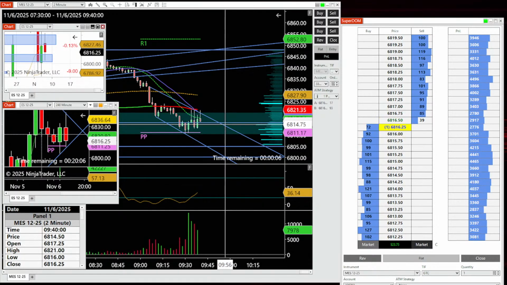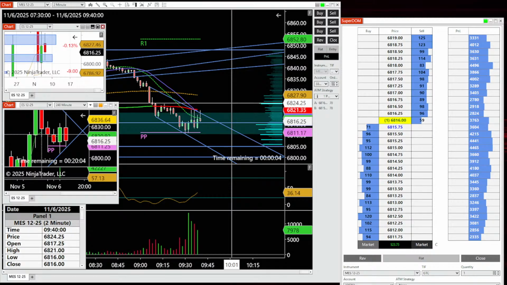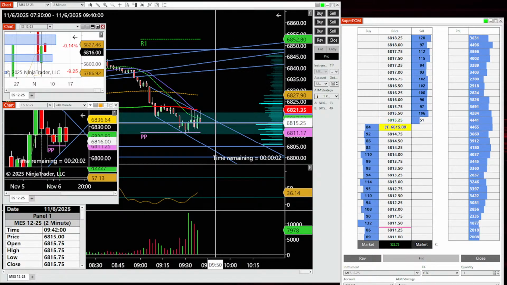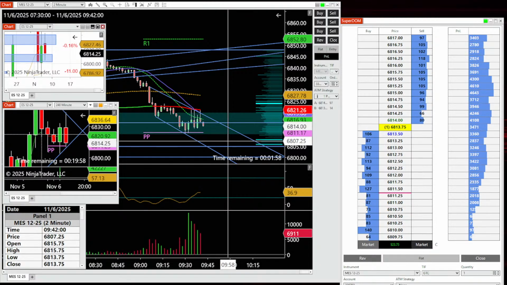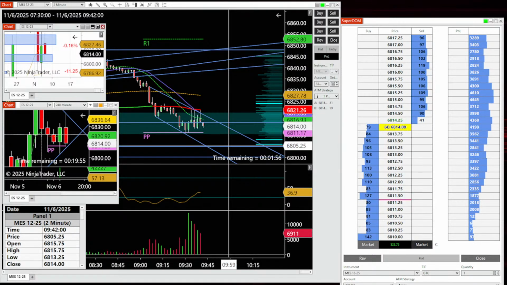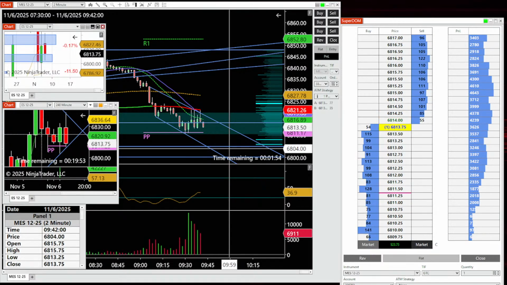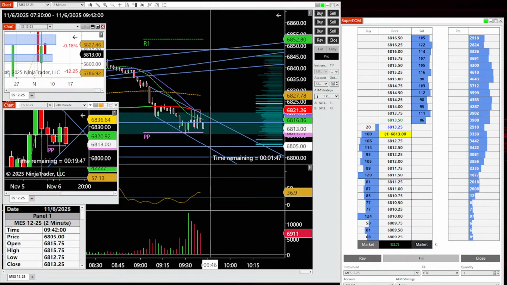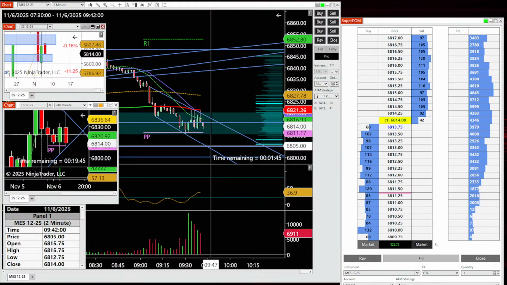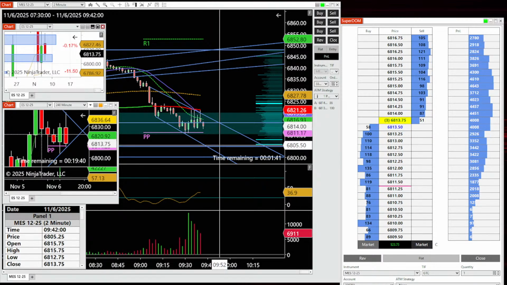Don't know if it's going to hold up here and break out of the trend line to go up, or if we're trying to get back down to that 04, 946, 945, 950.